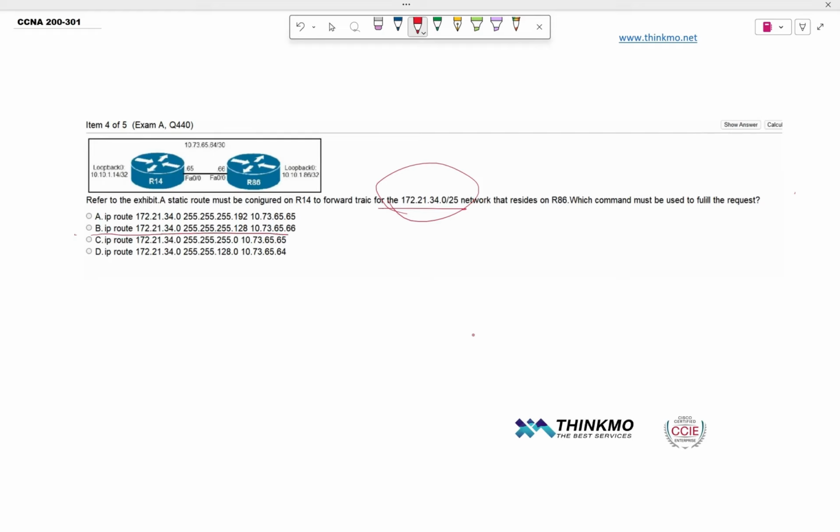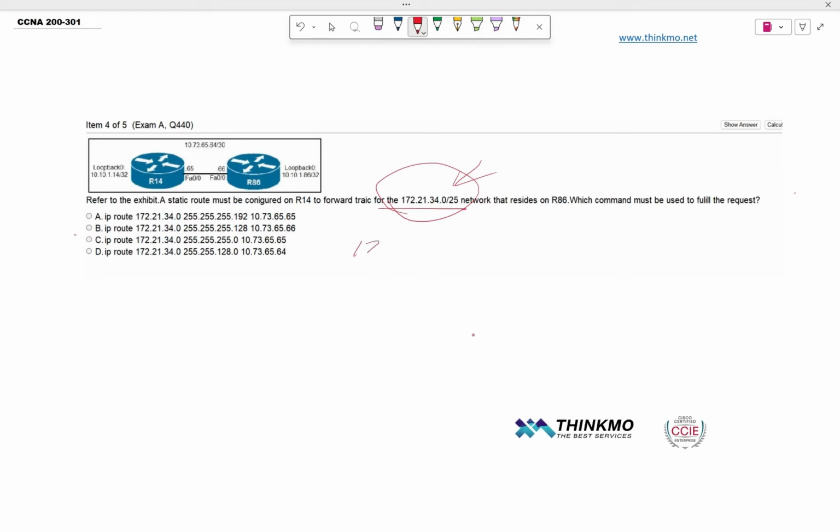It will match this one, 34.128, because it's a /25, and inside it includes this address. So there are two subnets in total.